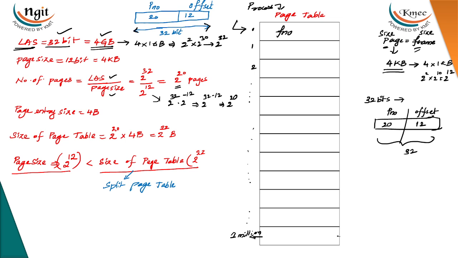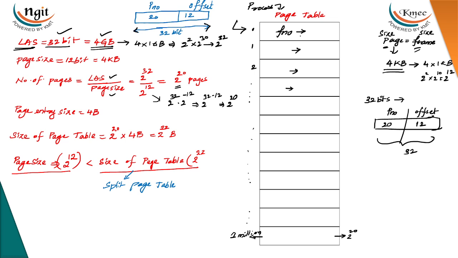Suppose that each entry will have a frame number and corresponding information. The page table also contains the frame number, valid/invalid bit, dirty bit, and a lot of other information.